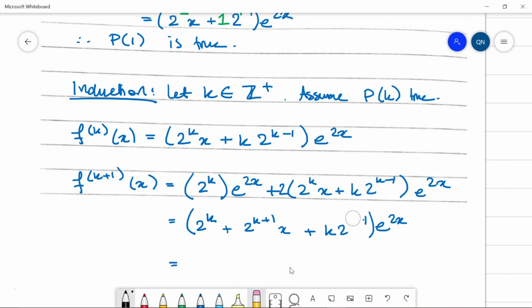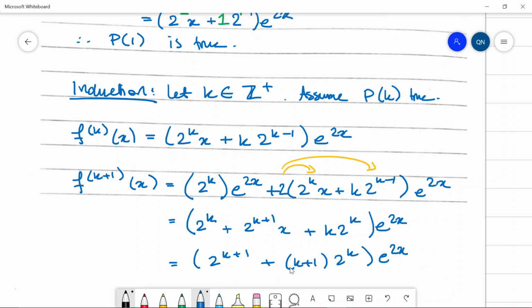Oh, actually, this is just 2 to the k because I multiplied the 2 in as well. So this is 2 to the k, and then k lots of 2 to the k's. That's just going to give you 2 to the k plus 1 x, and then plus k plus 1 lots of 2 to the k, e to the 2x.